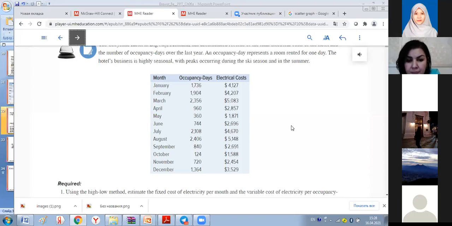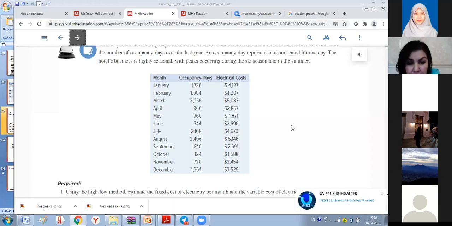The low level is in October, yes. And the high level is in August. Is it the highest? Yes.